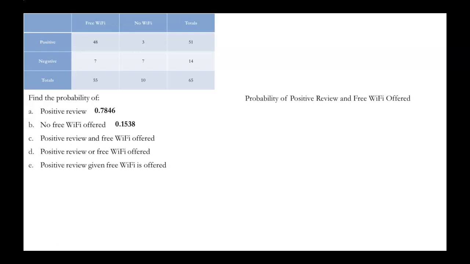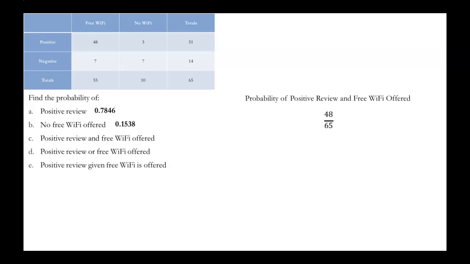Now, the probability of a positive review and free Wi-Fi is offered. So we take a look up at the table and we see, where do the positive and free Wi-Fi intersect? Well, that's our 48, right?